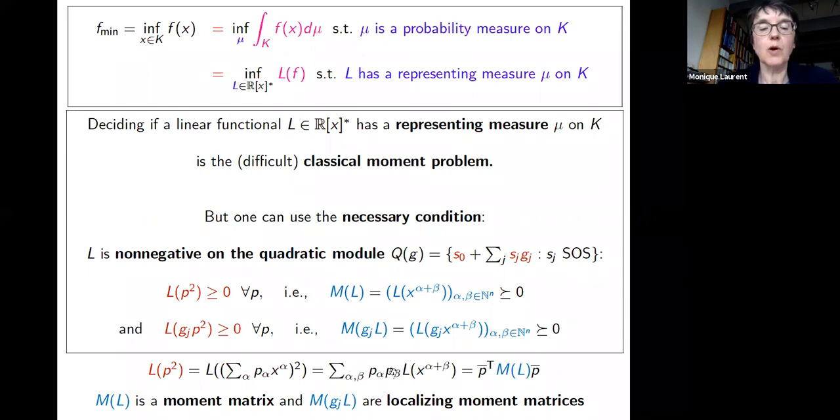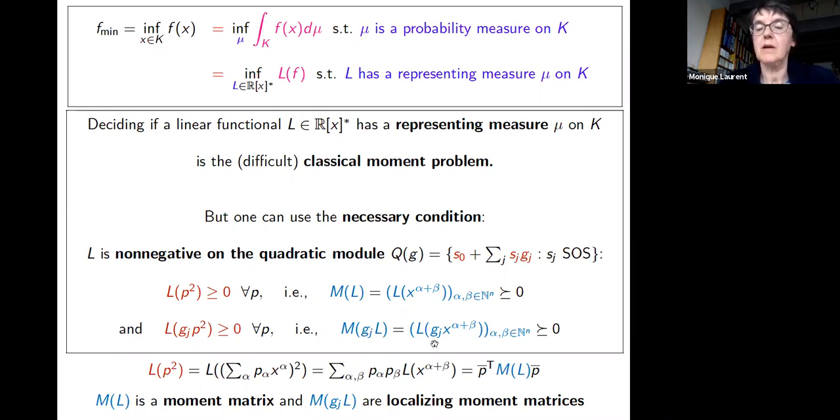And this small calculation, you can do the same for the other terms. You should also check that L is non-negative on every term s_j g_j, where s_j is a sum of squares. In other words, you want L to be non-negative on every g_j times p squared. And this is equivalent to the localizing moment matrix, which is defined in this way.